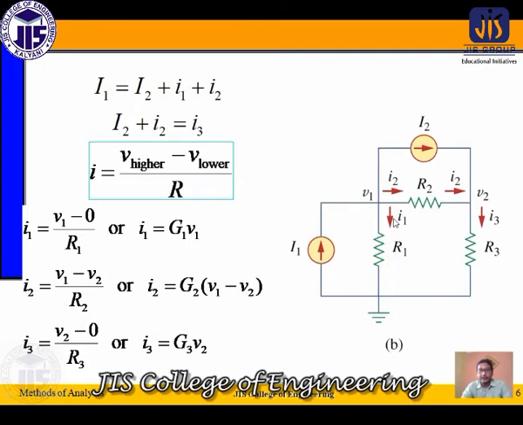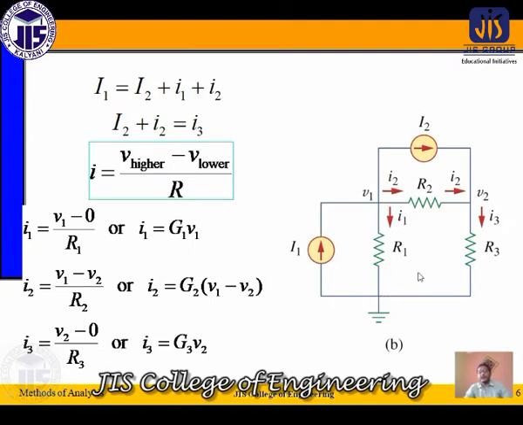We have considered this I1 in the up to down direction. This I1 current is coming from the V1 voltage to the ground point, and the ground point has zero potential. It means we have considered this I1 current from higher potential V1 to lower potential.